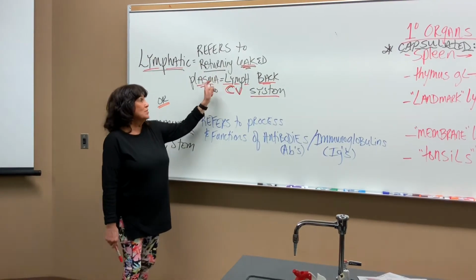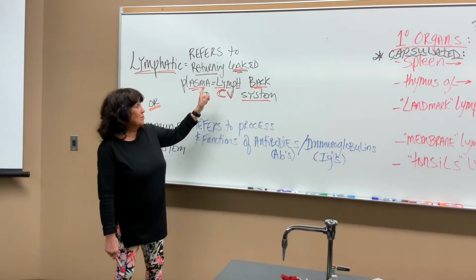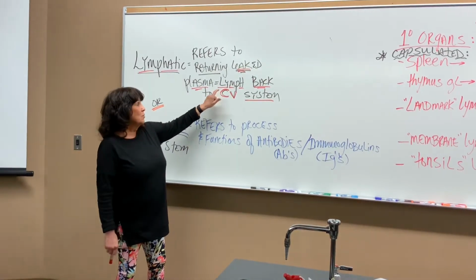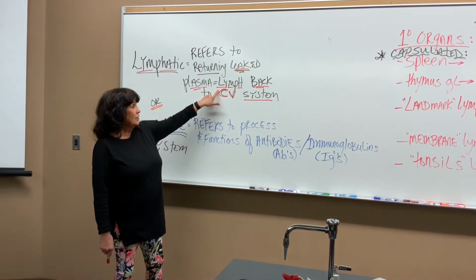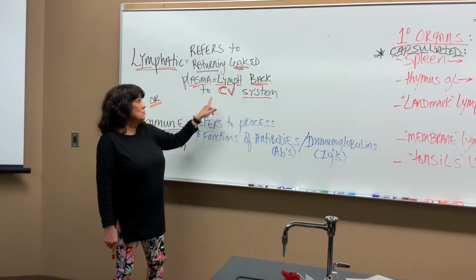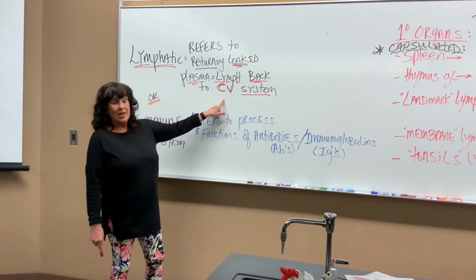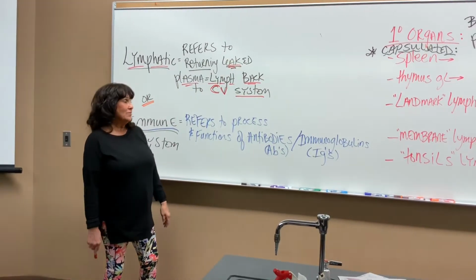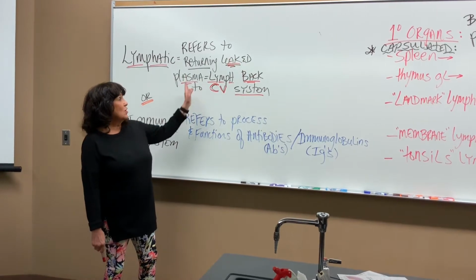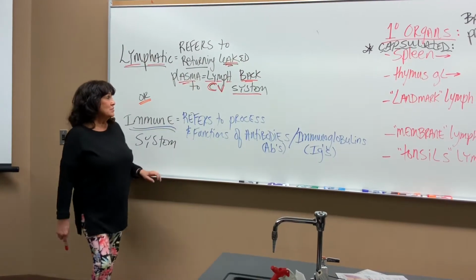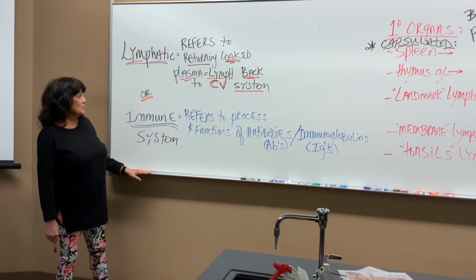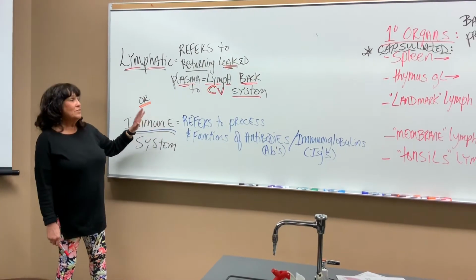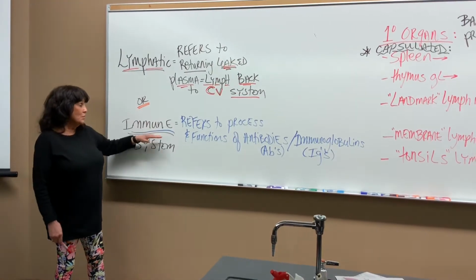So if the plasma doesn't go back into a cardiovascular capillary, then it's out around the tissues, and so basically that is then called lymph, and then it's got to get returned back to the cardiovascular system. And so that is the lymphatic system. That's where we get the name for that system from, is all based on returning leaked plasma back to the CV system.